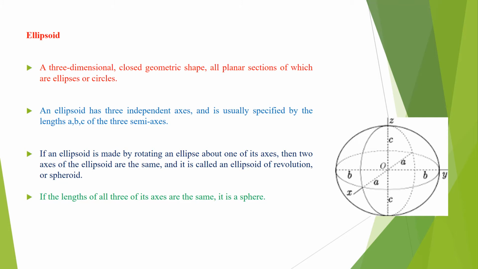If an ellipsoid is made by rotating an ellipse about one of its axes, then two axes of the ellipsoid are the same, and it is called an ellipsoid of revolution or spheroid. If the lengths of all three axes are the same, it is a sphere.